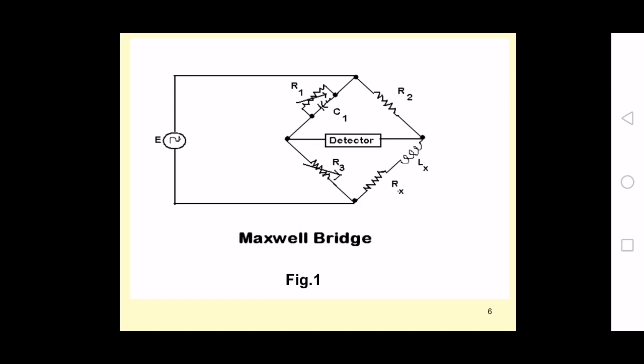This will be the case when the voltage drop from B to A equals the voltage drop from B to C, both in magnitude and phase. Here we are calling it phase because it is impedances.